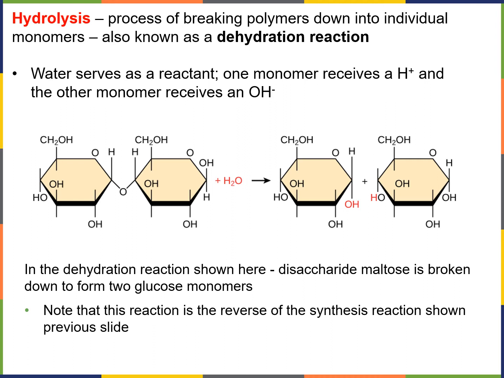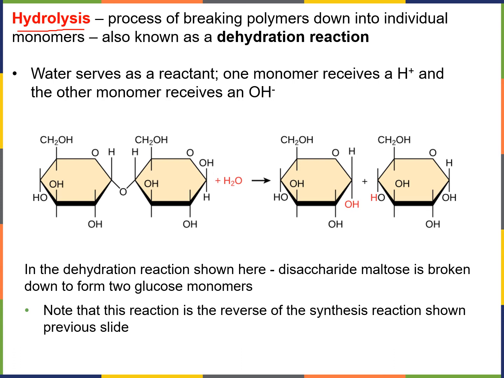Dehydration. Remember, to dehydrate something is to take water out of it. You dehydrate meat, make jerky, things like that. Well, if you want to break that special bond, you add the water back. And they refer to this as hydrolysis. It is the reverse of the dehydration reaction.